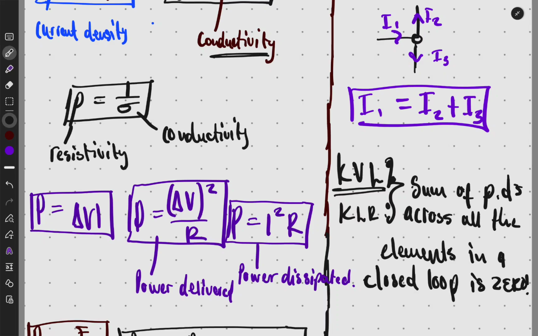The sum of all PDs across all the devices in a closed loop is zero.